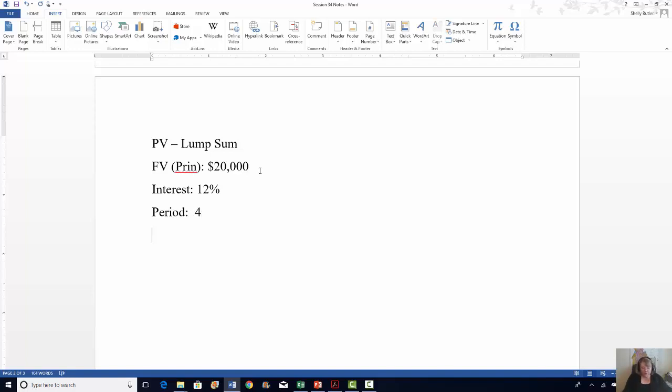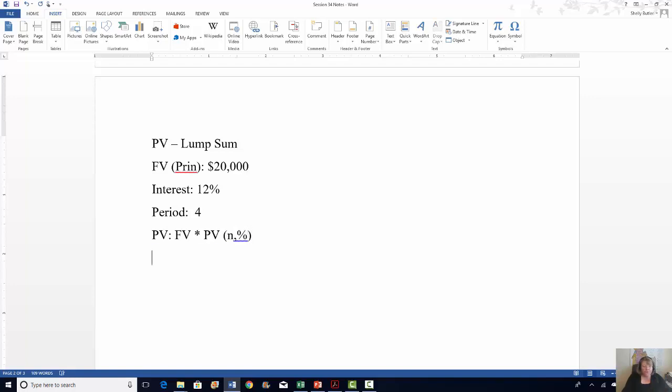So our formula will be present value. I know this is a lot easier to write out on my paper, but future value multiplied by present value N, N multiplied by the percent.